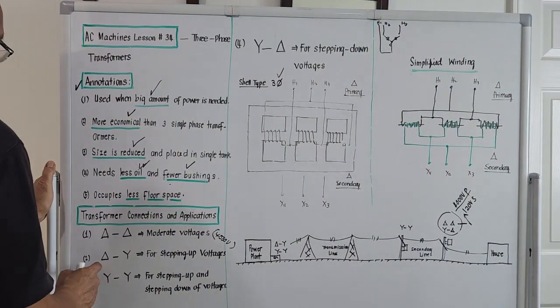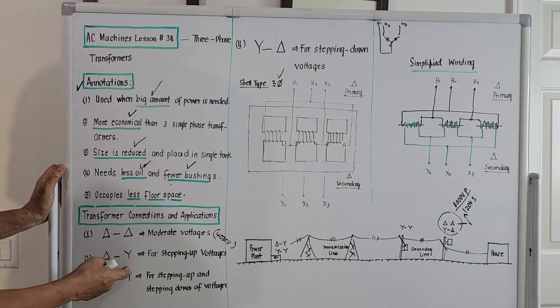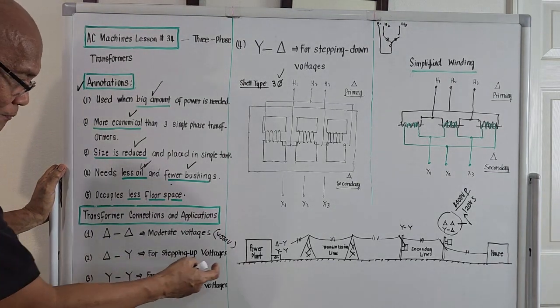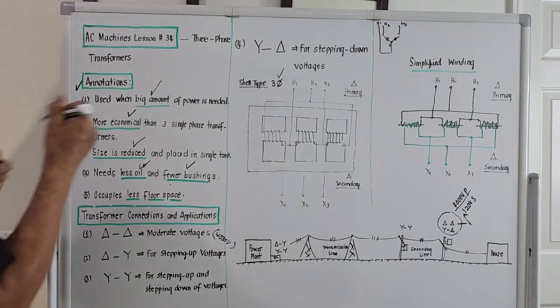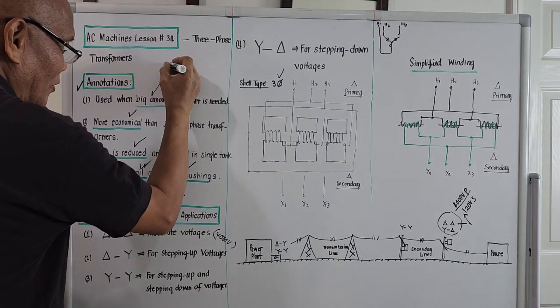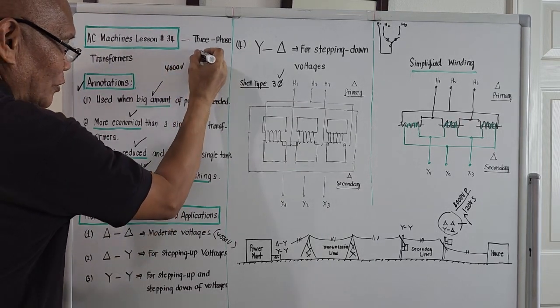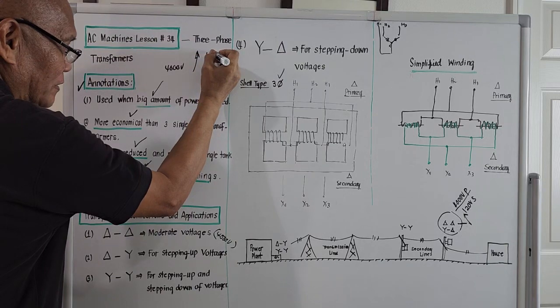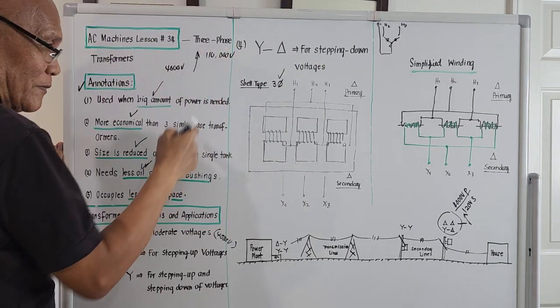Number 2, the delta to Y connection. The main purpose of delta to Y connection is for stepping up voltages. Meaning to say, if you have 4,000 volts and you want to raise that up to 110,000 volts, you step up.